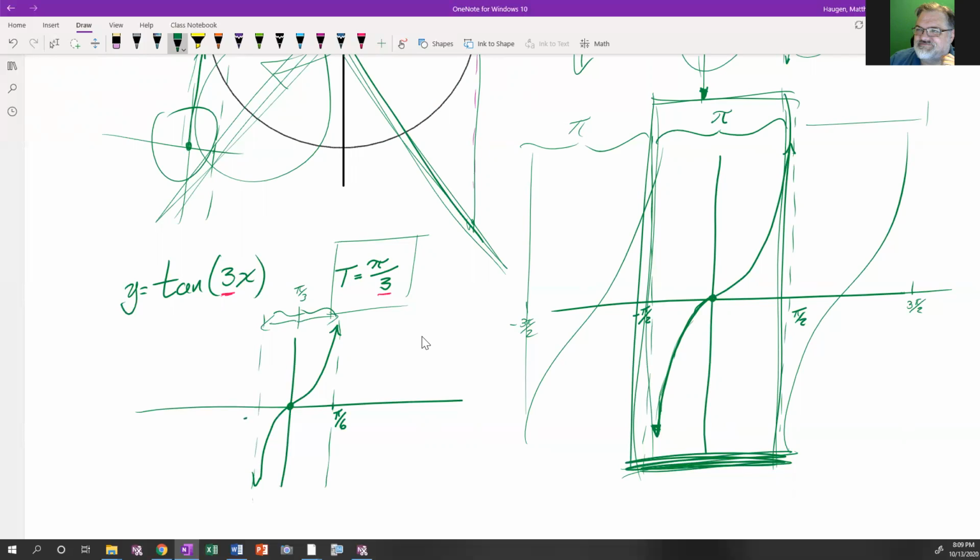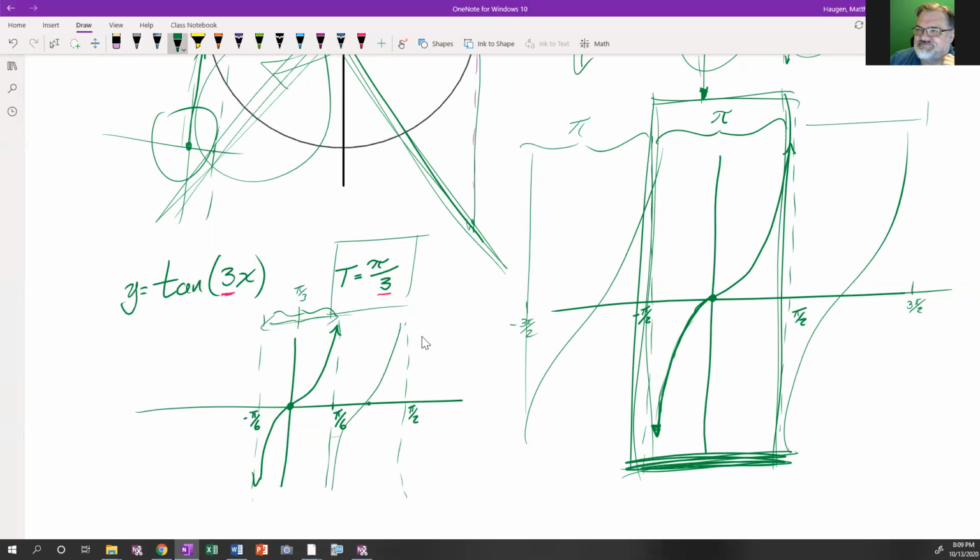That's going to be at pi over 6. That's going to be at negative pi over 6, making that total period the pi over 3. It's one of the easy mistakes to make, to try to go that full pi over 3 in both directions. But then if you wanted to know where the next asymptote is, you'd take that pi over 6, add your period. Pi over 6 plus pi over 3 is pi over 2.